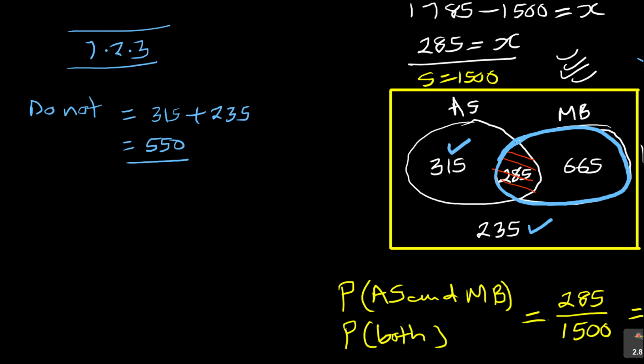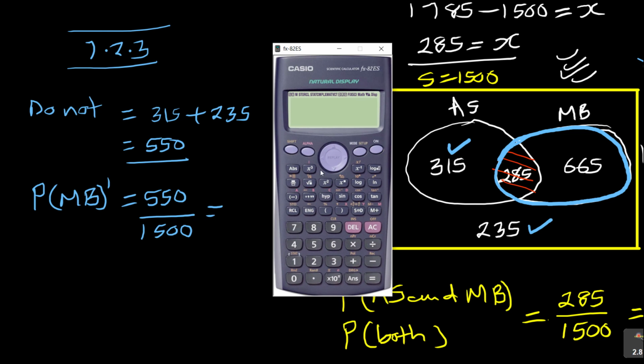They do not. So what is the probability? Probability of MB, as I said, complement is equal to 550. They do not over 1500. Okay, and then which is equal to 550 over 1500 equal to 11 over 30.